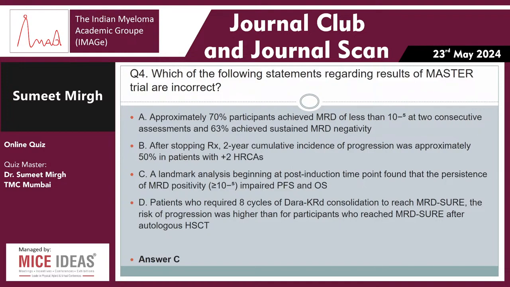Probably that is why. All of the options A, B, and D are correct. For option D, it is important that those who require a longer time to reach MRD negativity, or to reach a treatment-free observation time point, had a higher risk of progression than those participants who reached that respective time point much earlier, for example, after autologous stem cell transplant. So the correct answer here is option C.